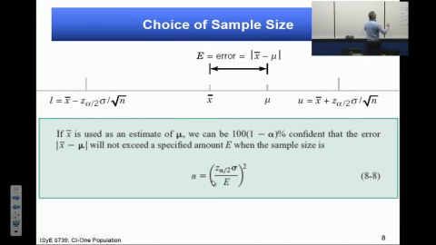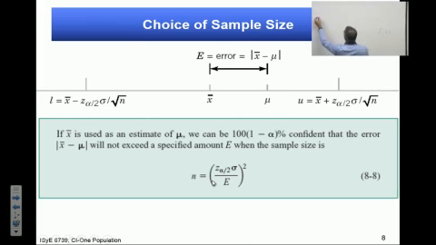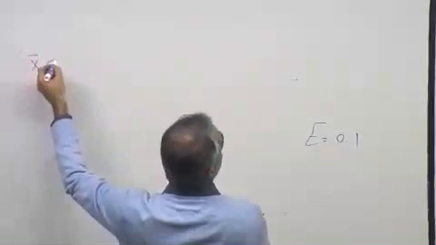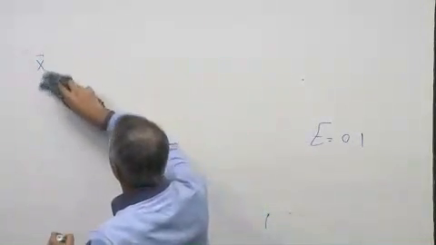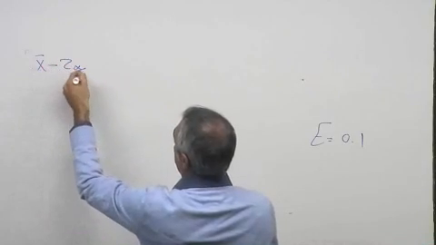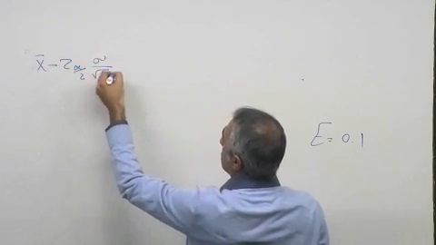So let's say this is the confidence interval that we have. The confidence interval is basically x bar plus or minus z alpha over 2 sigma over square root of n.